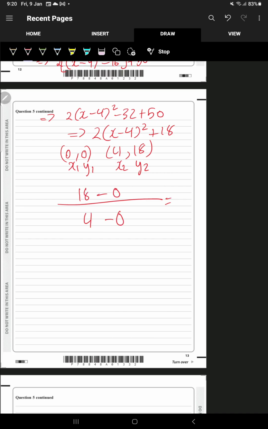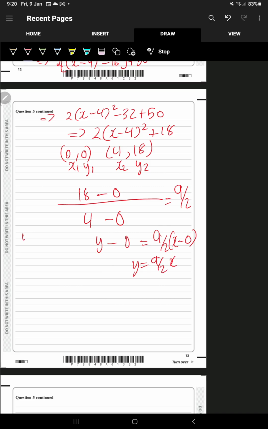So 18 divided by 4 is going to give us 9 over 2, and y minus y1 is 0, and any point we can use to substitute there. This is going to give us y is equal to 9 over 2 x.